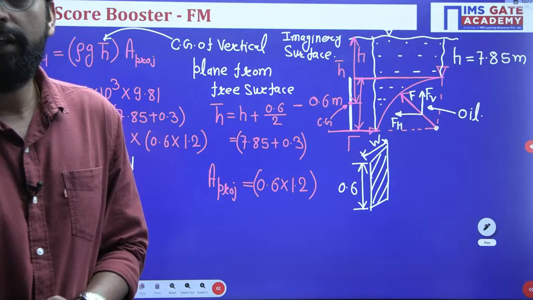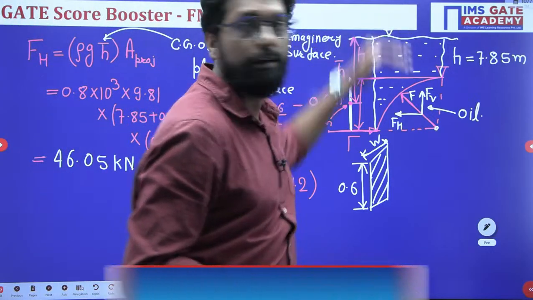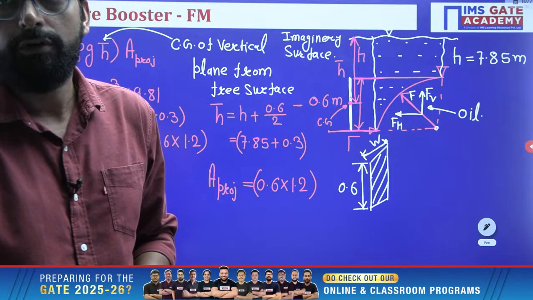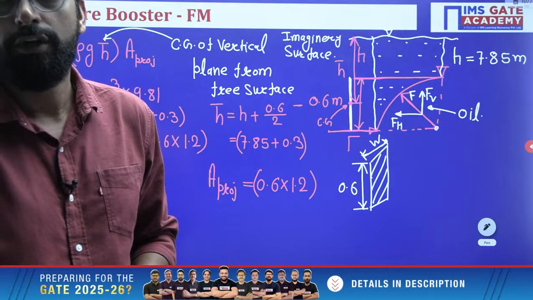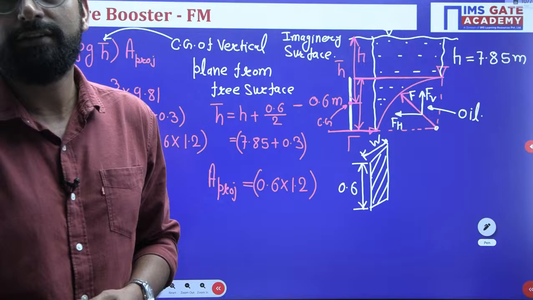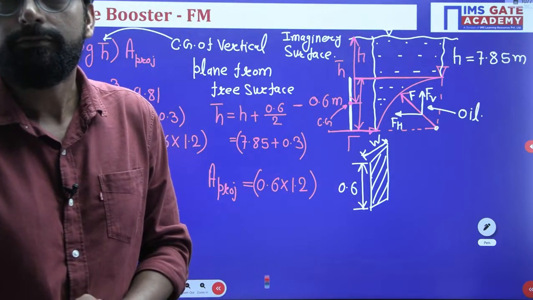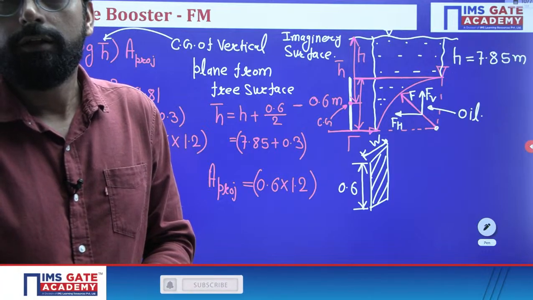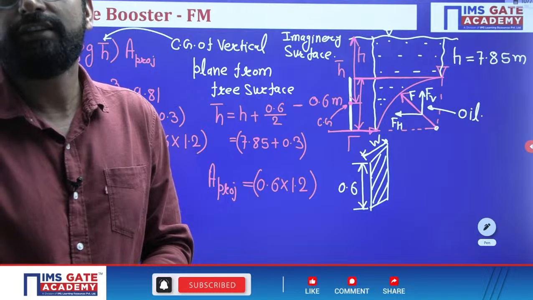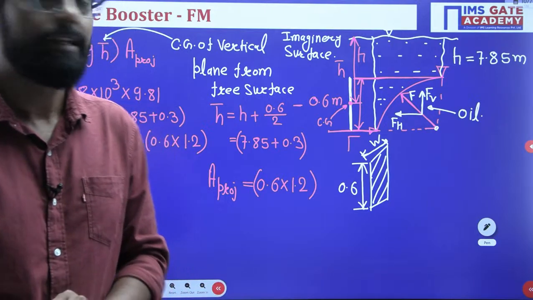We took the free surface on the right hand side and extended the same fluid above the curved surface. Since the curved surface is in static equilibrium, we take the horizontal force to be the same.